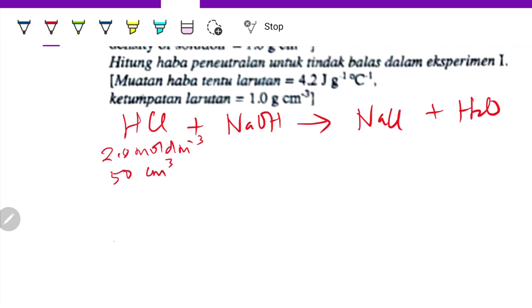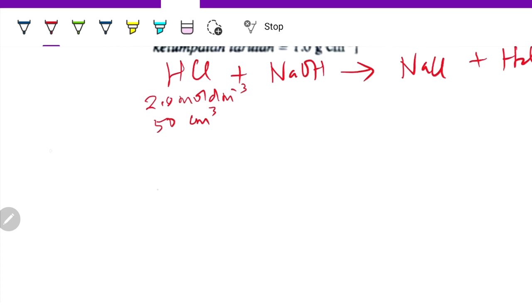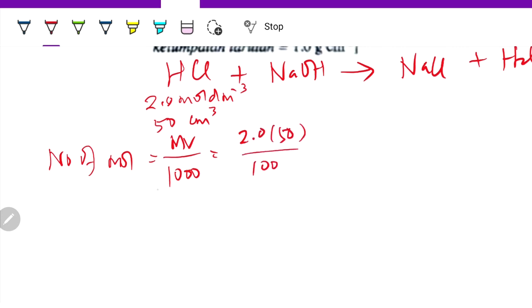So first we calculate the number of moles. For acid or alkali the same, we use MV over 1000. M is 2, V is 50 over 1000. We get 0.1 mole. This is for both acid and alkali because they are the same. If they are different, we have to choose the smaller number of moles, which is the limiting one.